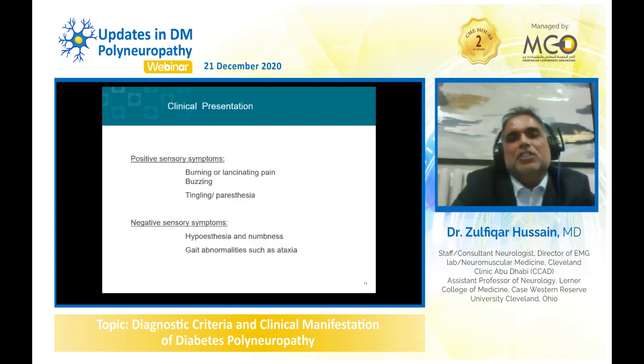Then moving on to the clinical presentation. The clinical presentation of diabetic peripheral neuropathy depends on its pathophysiology, which is the dying back mechanism of axons. So it basically starts with dysfunction of axons depending on their length, and that's the reason its other name is length-dependent generalized axonal polyneuropathy associated with diabetes.